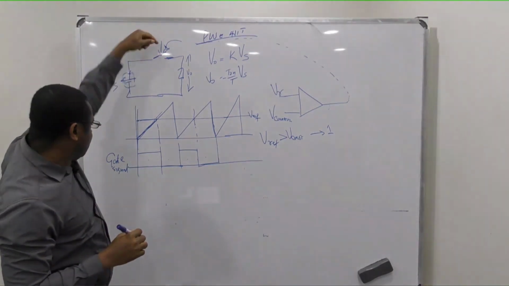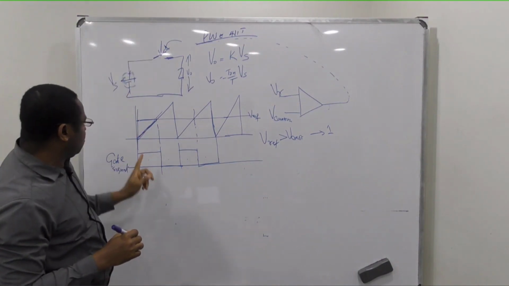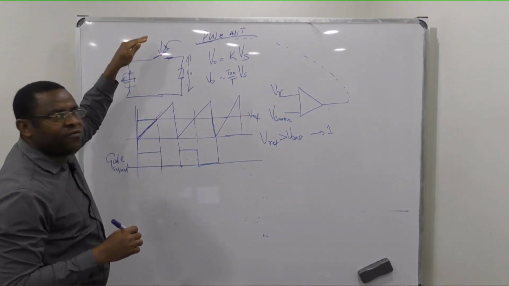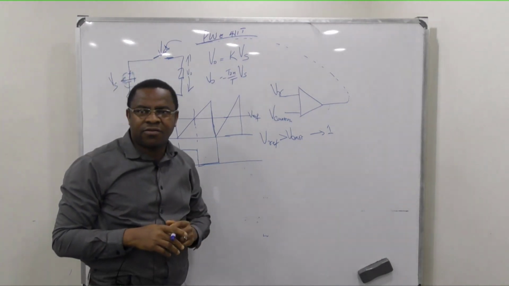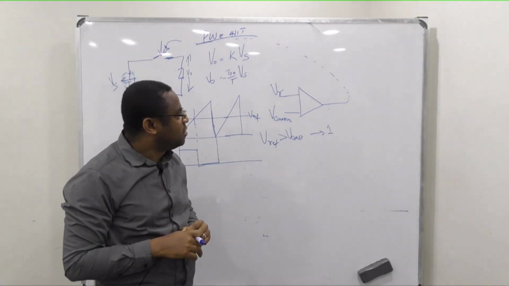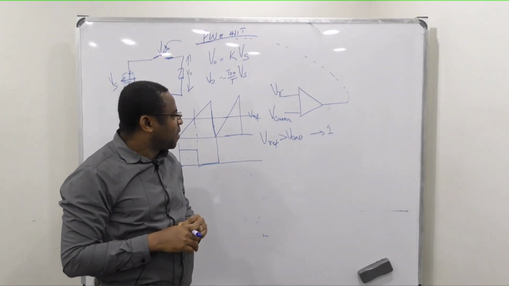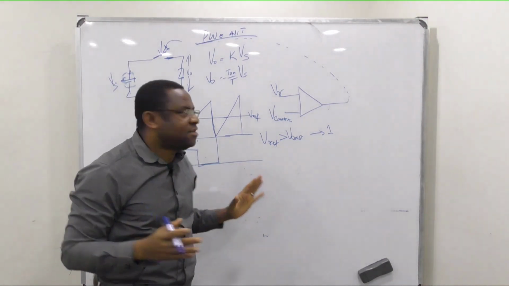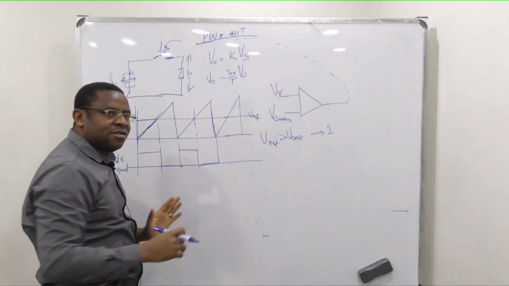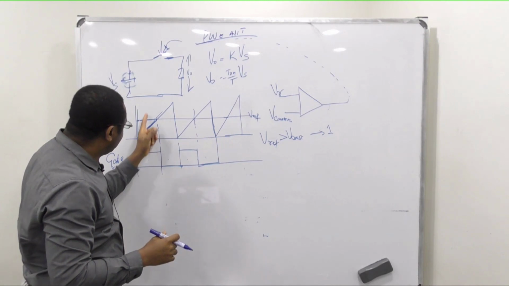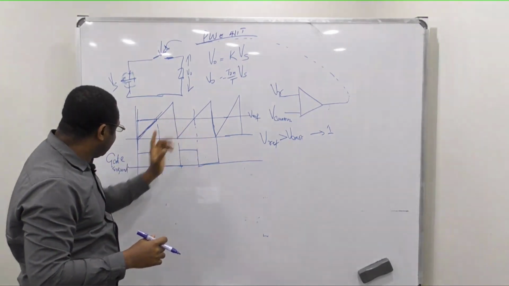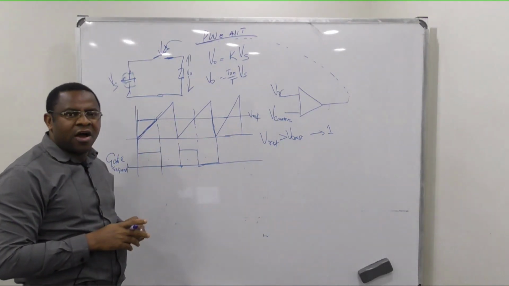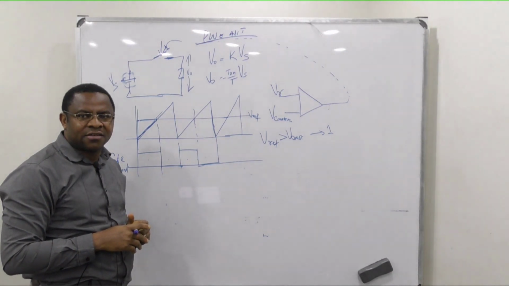This will be used to turn the switch on, off, on, off. Did you get it? We can give you different scenarios, and you should be able to sketch this and give us the output of that.